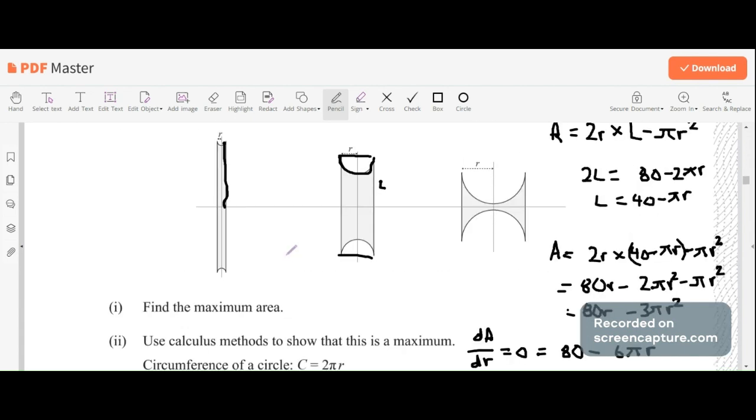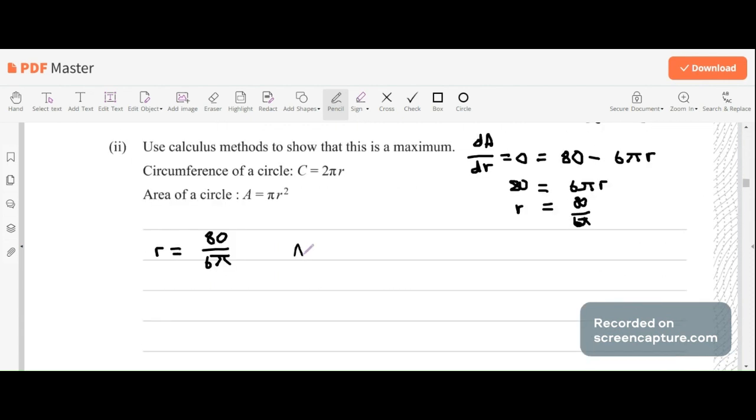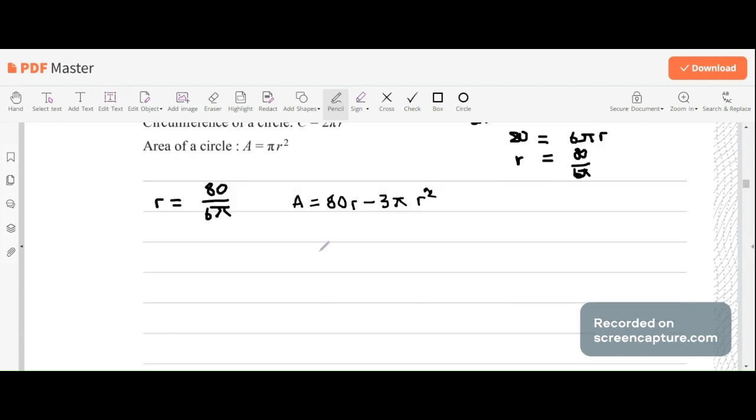Well, we know the area equals 80r minus 3 pi r squared. So we are going to substitute that in.